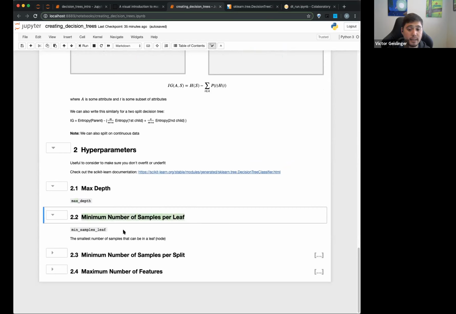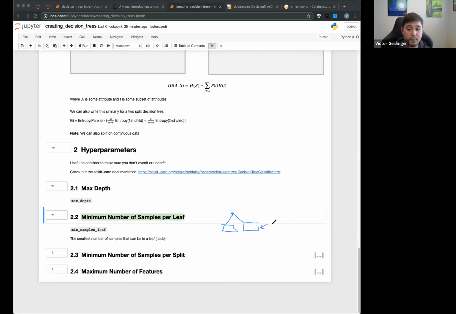This one is saying, when we do a split, if I draw my little diagram again, and we have a different partition right here, you can imagine this partition as a leaf on the tree. Note that computer scientists draw all their trees upside down. This setting says what's the minimum number of samples that need to be in this leaf.